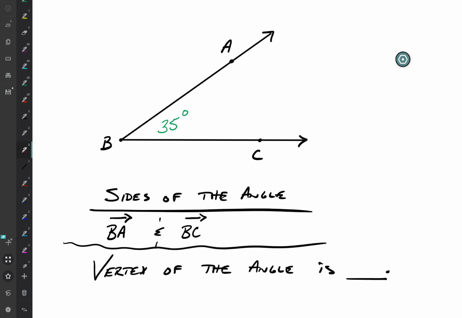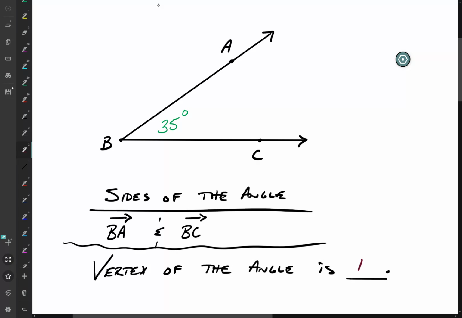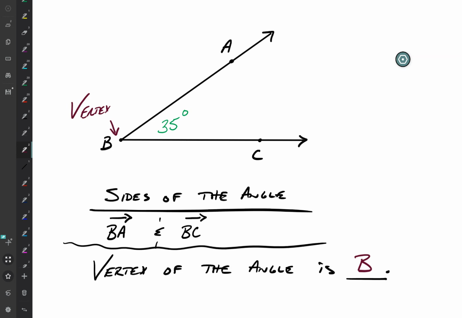Anybody? The vertex of the angle is B. If you were to describe the vertex, what would you describe it as of an angle? The corner, like the corner. Yeah, there's all kinds of different ways you could describe that. Where it kind of changes directions, right? Kind of what creates the angle. There's all kinds of different ways we can describe that vertex. Okay? But this vertex is important.